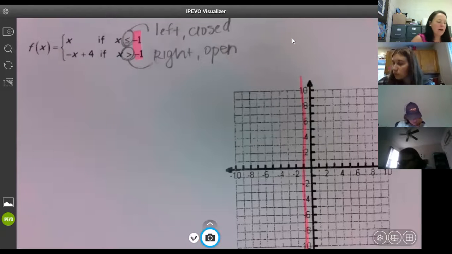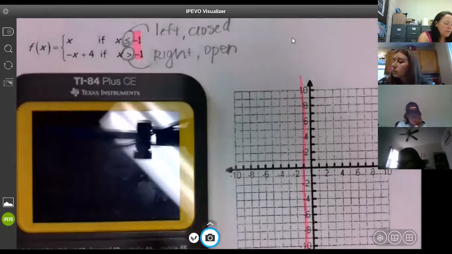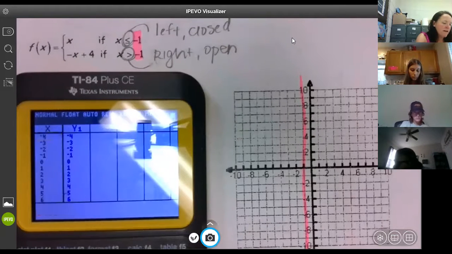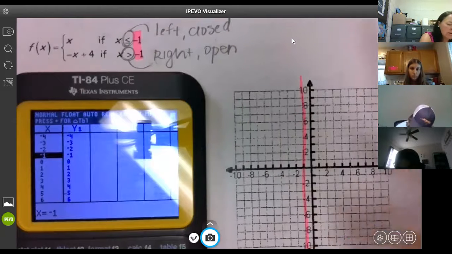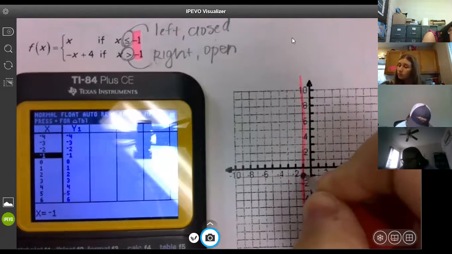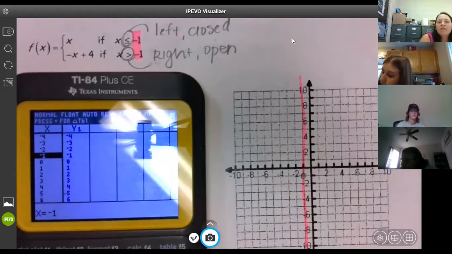Again, we just put them in our calculator. I always start with the top one. It says go left. So we have x as our function. We look at our table. On the boundary line, we have the point -1, -1. And you said it was closed. Make sure you go to the left.